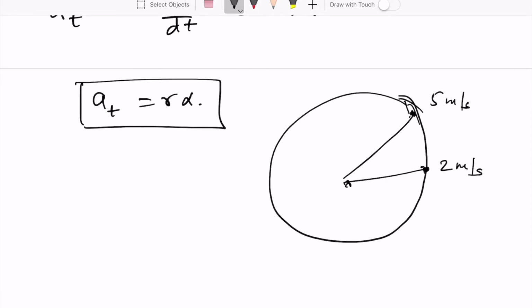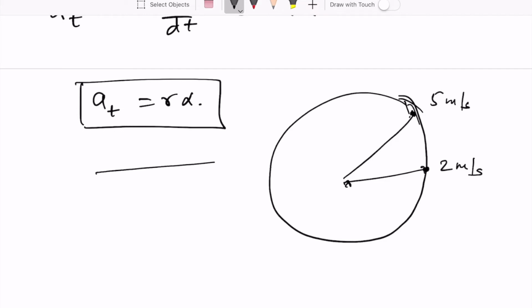Okay, now what would cause the tangential acceleration? There is a tangential acceleration because there must be some force in the tangential direction. Remember that any acceleration is caused by a force. Force equals mass times acceleration, Newton's second law, right? So if an object has a tangential acceleration, there must be some force in the tangential direction. Let's look at an example of that.